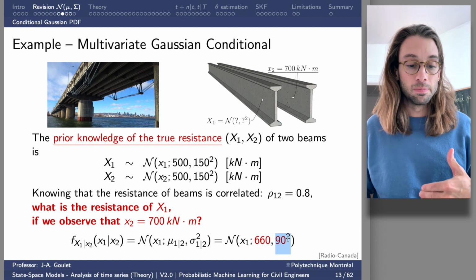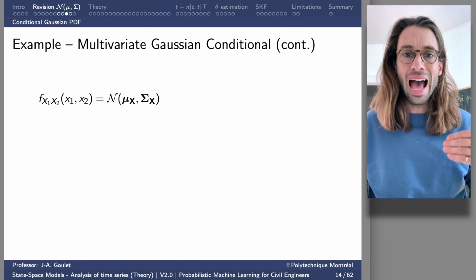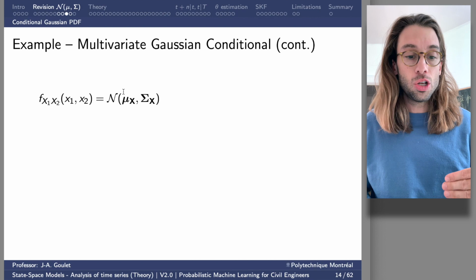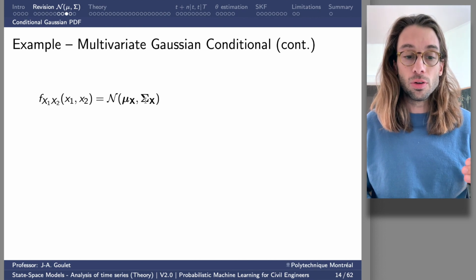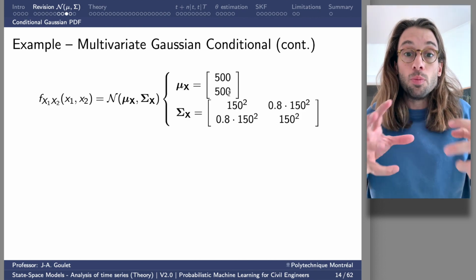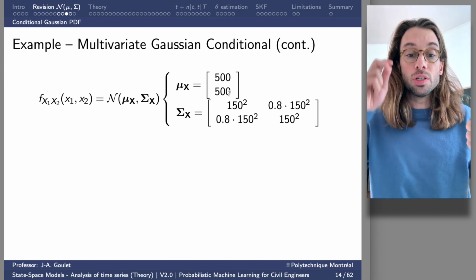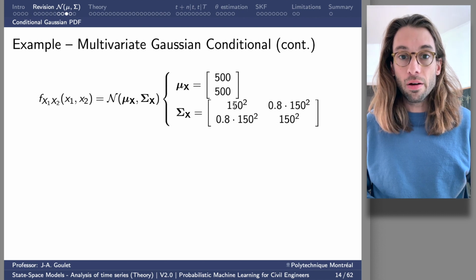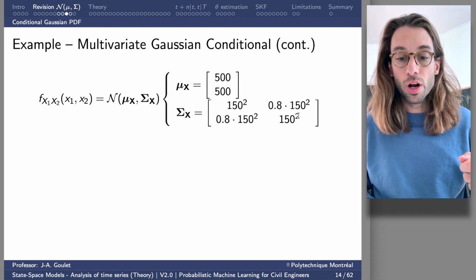If we look at the detailed calculation, my joint knowledge for x1 and x2 is described by my expected vector and covariance matrix, which I can build from the prior knowledge we defined in the previous slide. Here we have the variance, so the standard deviation squared for each variable.